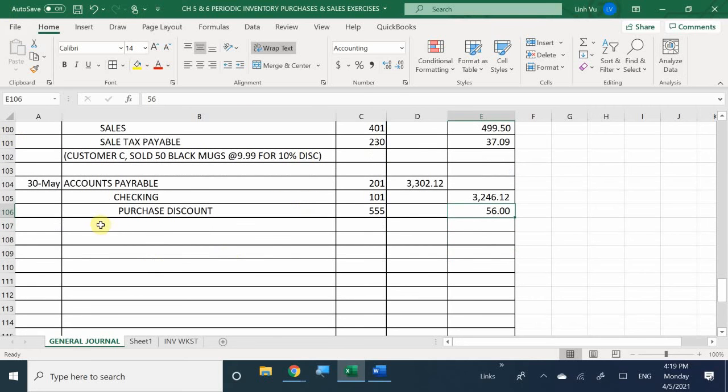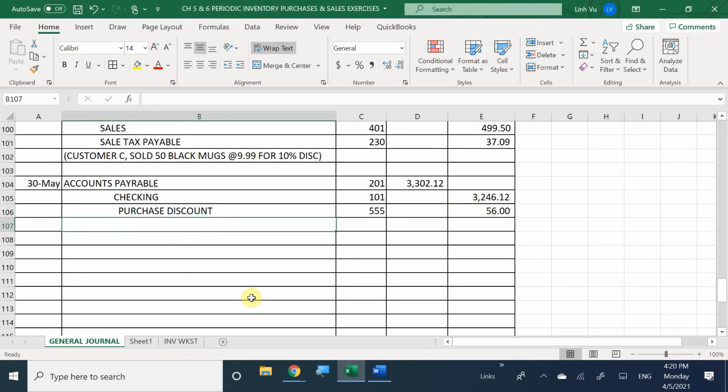Okay. So then again, any questions? You had a question? I had the discount and then the checking. My numbers are switched up somewhere. So the discount was the $56. The checking was from, where did we get the 32.46?